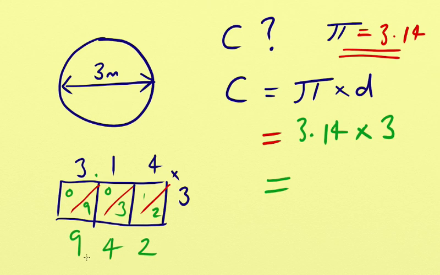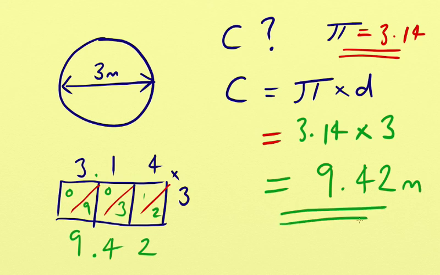So I'm going to pop my decimal place in just there, and that leaves me with a circumference of 9.42, and the measurement we were using earlier was meters. So that's the circumference, the distance around the outside edge of that circle, is 9.42 meters.